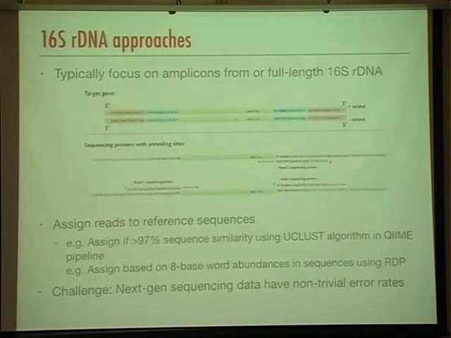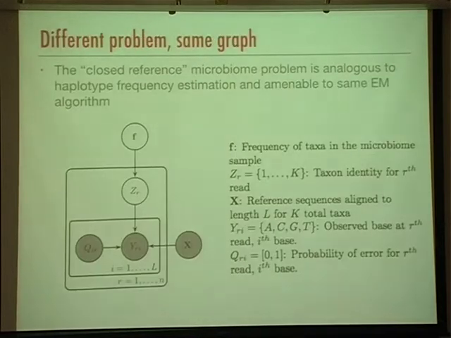So when we think about this problem, we realize it's a different problem, but it has the same underlying probabilistic structure, the same graph. So we have frequency of taxa in the microbiome sample. We have a set of n reads that each come from one of the taxa, that each have some taxa identity.